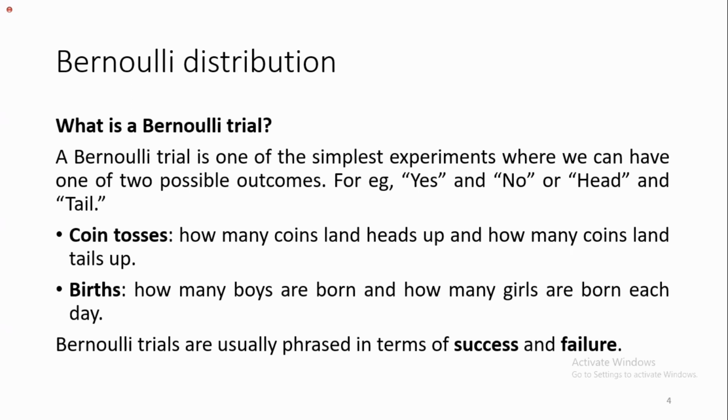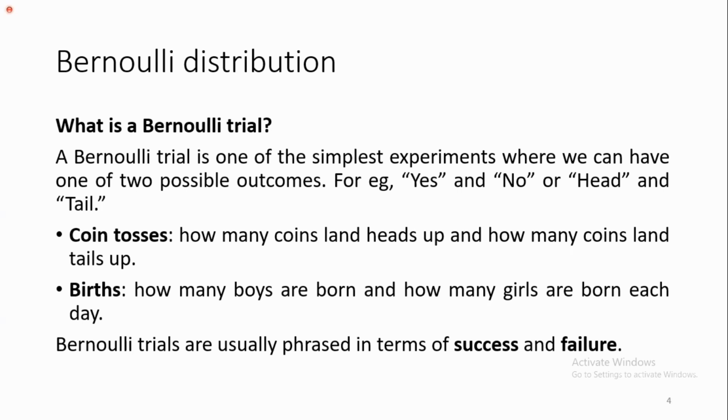For example, if you toss a coin, there are only two possible outcomes, either getting a head or a tail. So we can consider that experiment as a Bernoulli trial, because we can have only one of those two possible outcomes.